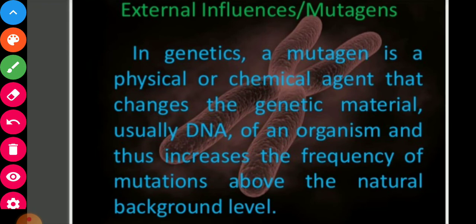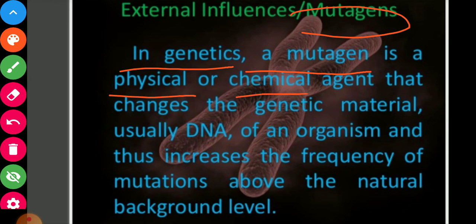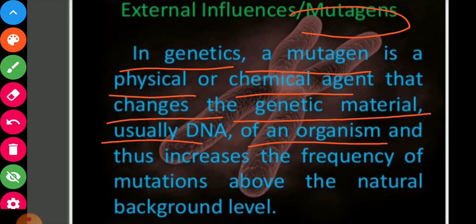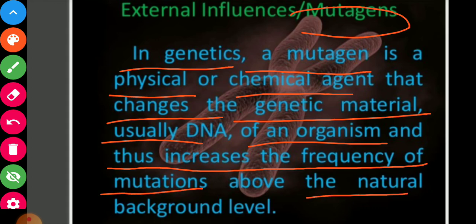Now external causes. The factors which cause mutation are called mutagens. In genetics, a mutagen is a physical or chemical agent that changes the genetic material, usually the DNA of an organism, and thus increases the frequency of mutations above the natural background.